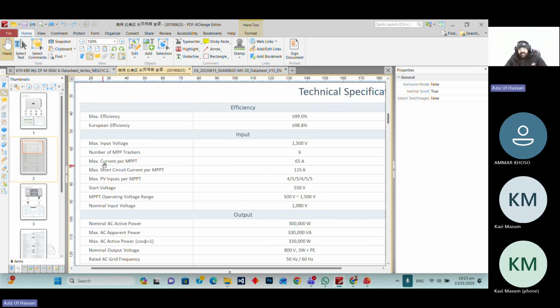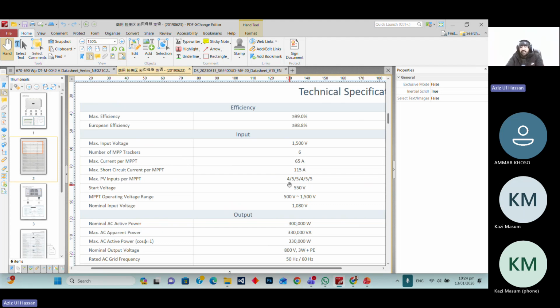And this is the maximum current per MPPT. It gives you 65 ampere current in one MPPT tracker. So it gives you the maximum current per MPPT.